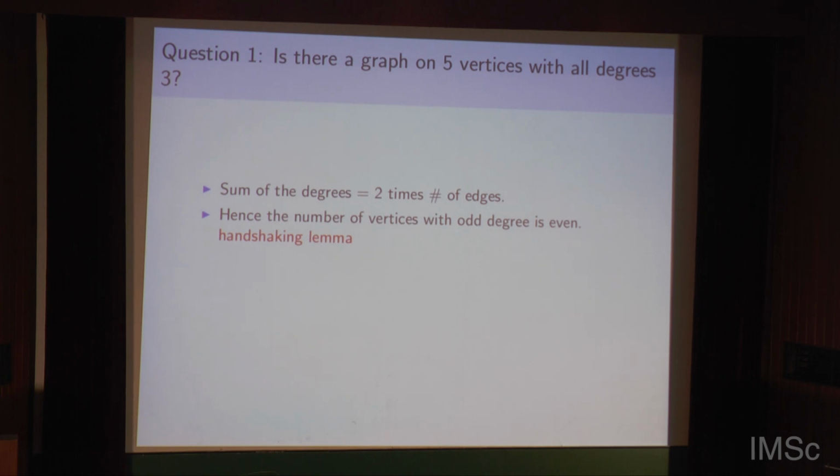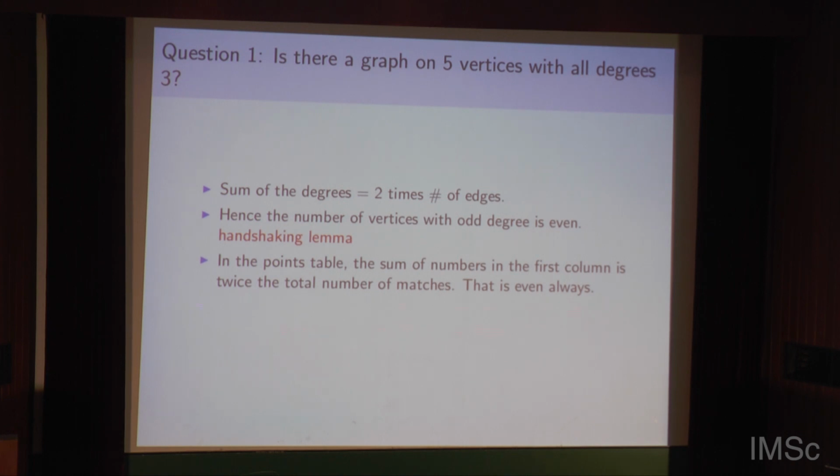You will see that it is always an even number. And the reason is that when you do a handshake, it is counted for both people. There are several versions of this problem. It's a simple problem, it just looks at odd and even. So in the points table, the sum of the first column is always even, so there cannot be such a graph on 5 vertices. So that's a proof. Okay? Good. That's question number 1.